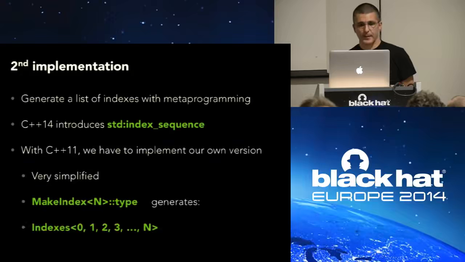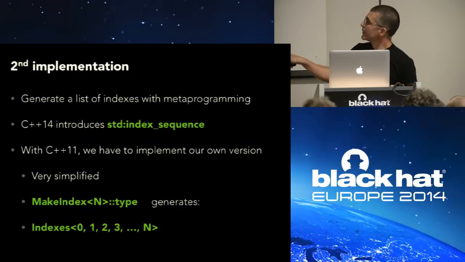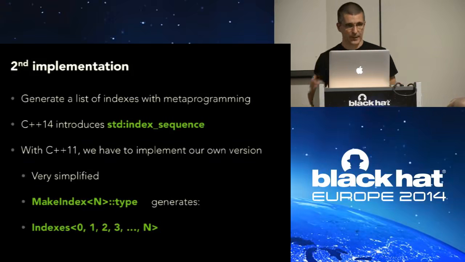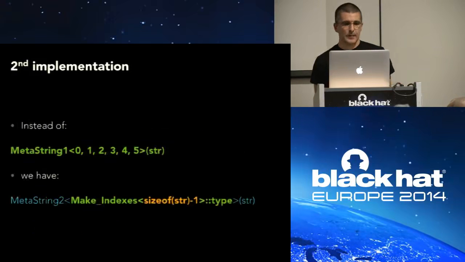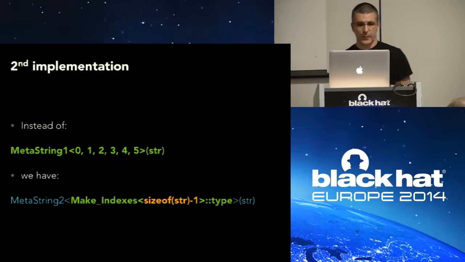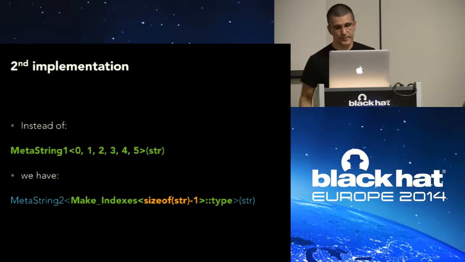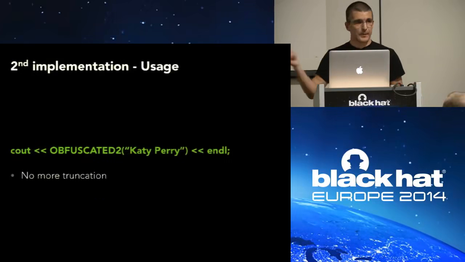It's called MakeIndex, and this expression will generate a type Indexes with as parameters 0, 1, etc. My list of indexes. So now in my macro, I can replace my hard-coded list by MakeIndexes with the length of the string. To call it, it's still the same, but this time it's not truncated.